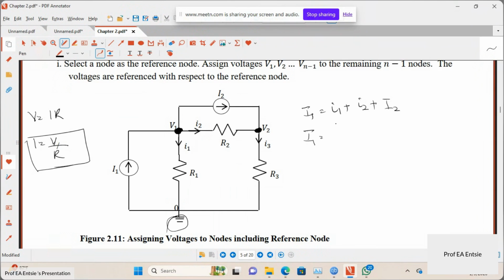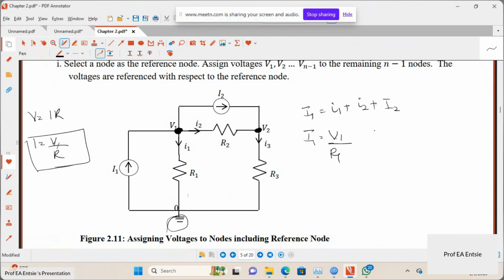If I want to find small I1, it is the voltage here divided by the resistance, because I1 is flowing through this branch. So it will be the voltage at node 1 over the resistance R1, coming from the formula current equals V over R.